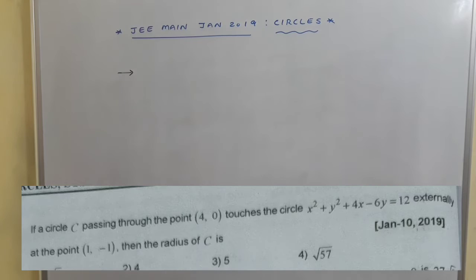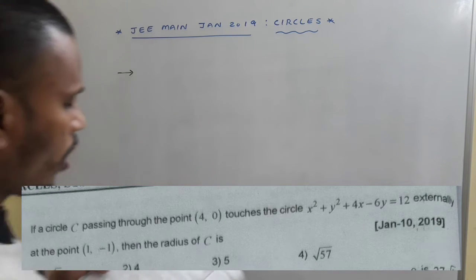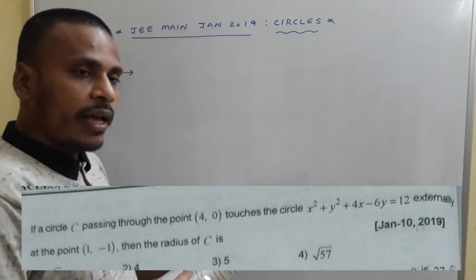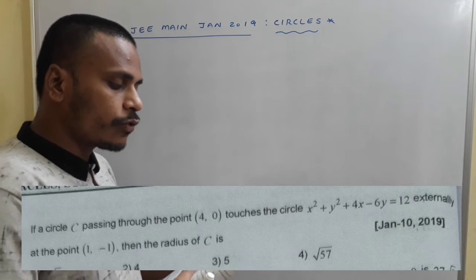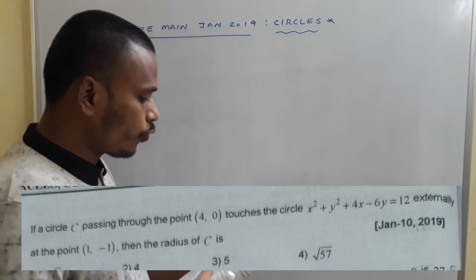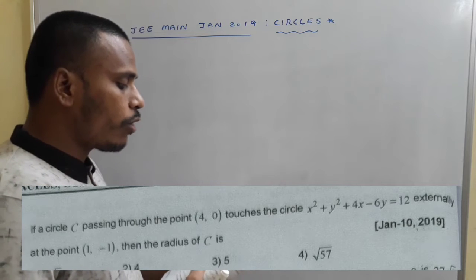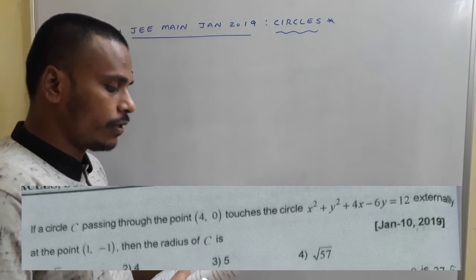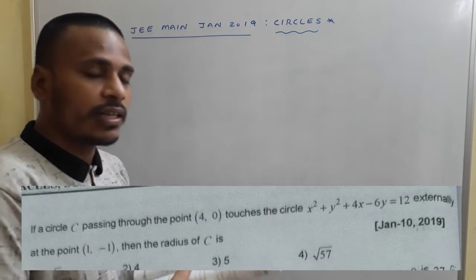Next problem. If a circle C passing through the point 4, 0 touches the circle x square plus y square plus 4x minus 6y is equals to 12 externally at the point 1, minus 1, then the radius of that circle is.